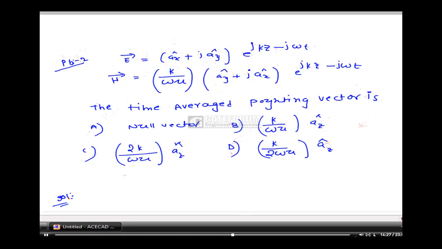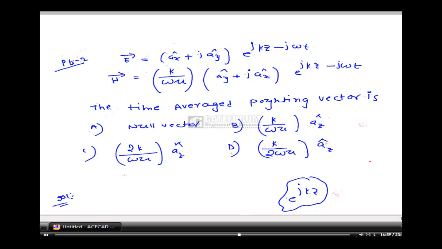The solution to this problem: one thing is very clear. If you observe the equations, both E and H bar are given. If you take j common, there is e power j kz, which means the wave is propagating in the positive z direction.